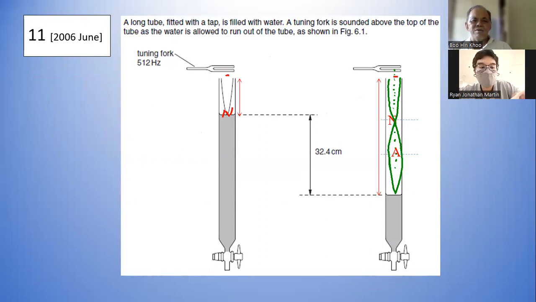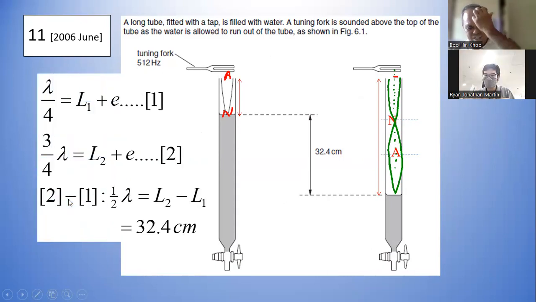A tuning fork is sounded above the top of the tube as the water is allowed to run out of the tube, as shown in figure 6.1. They draw it for you, but this one you are required to draw yourself. If this is the first mode, then this is the second mode, and you should know the physics that we did earlier.